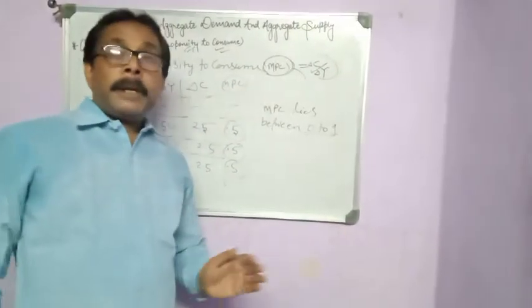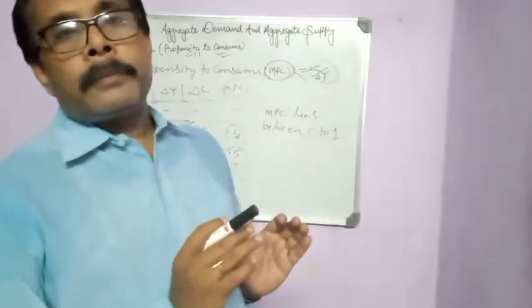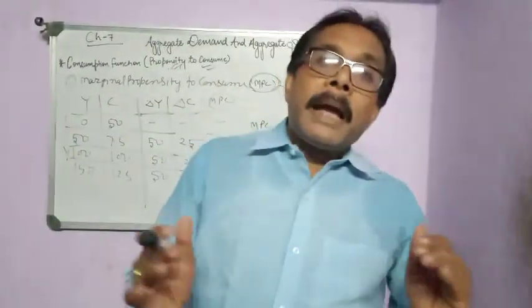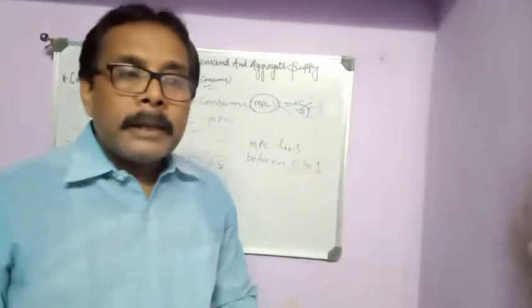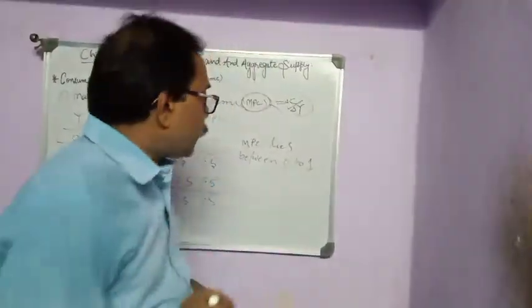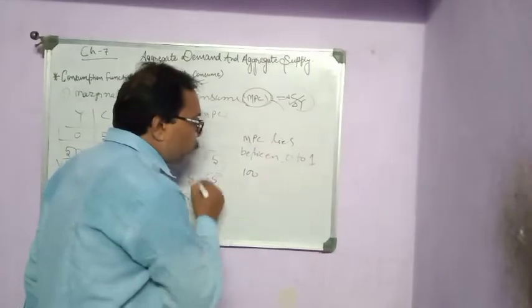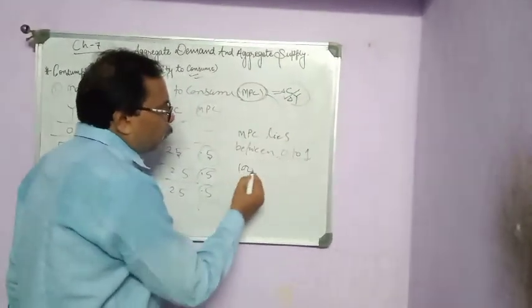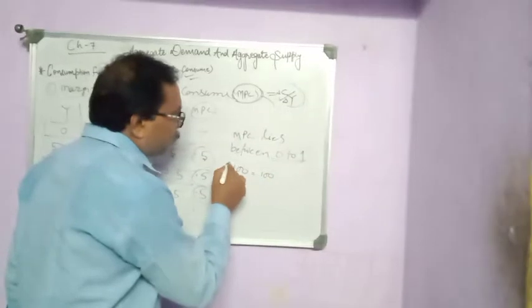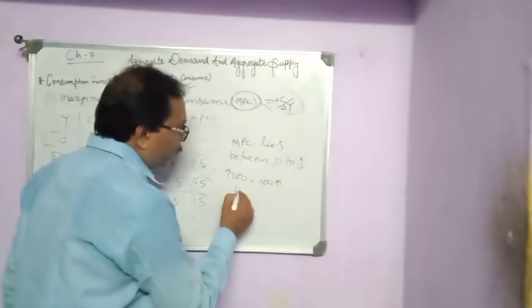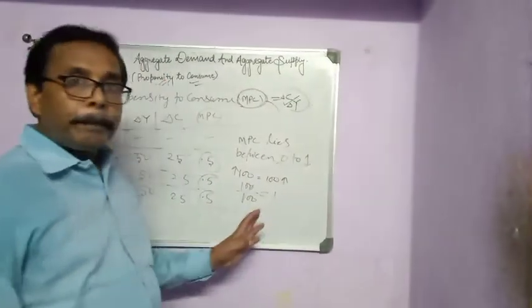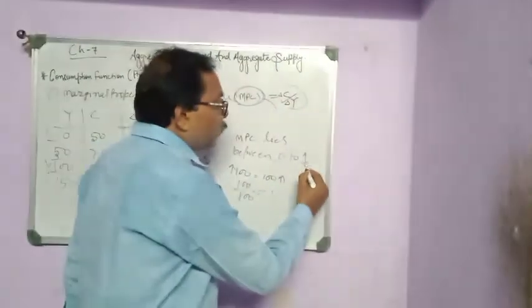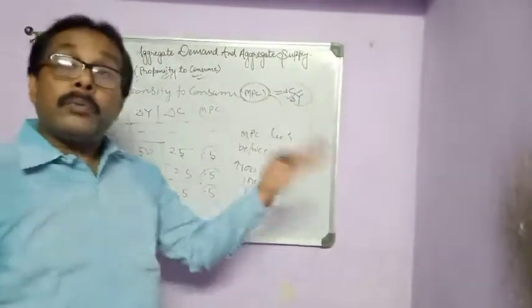But if there is a poor person, whatever the income has increased is used for consumption. So here the increased income is totally consumed. If the income has increased by 100 rupees and the consumption has also increased by 100, both have increased by 100. So 100 divided by 100 is equal to 1. Why will it not increase more than 1?